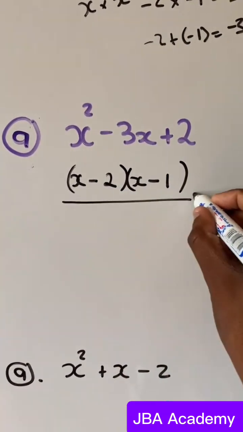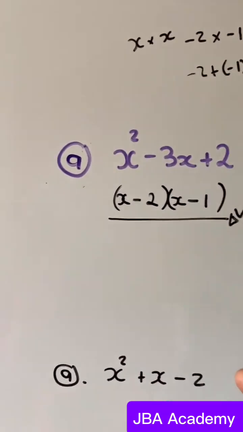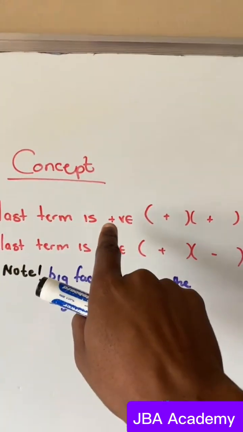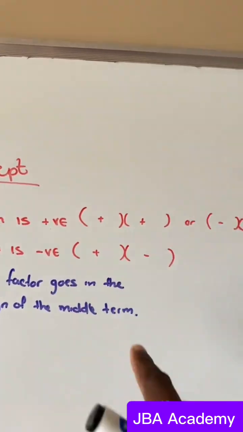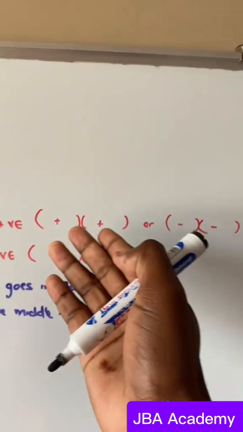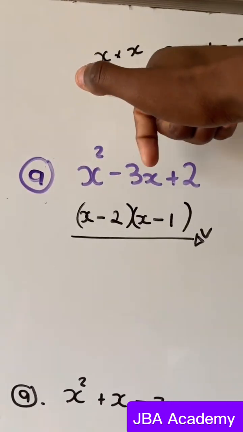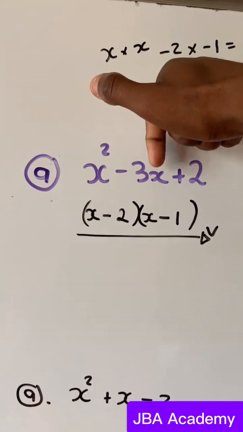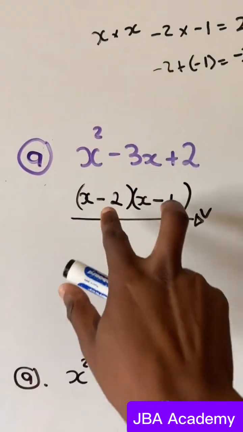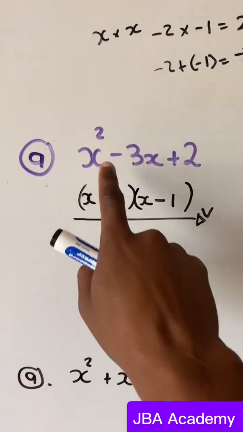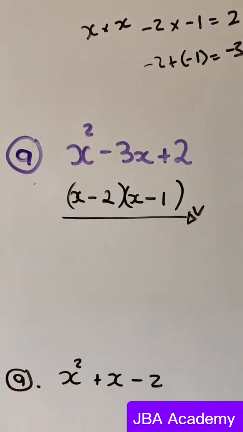So this is factorized. If the last term is positive, the signs in the brackets will be the same, but it's up to you to visualize or see which sign the middle term has, and that's going to be the sign in those two brackets. If this was a positive, then both of these would have been positive.